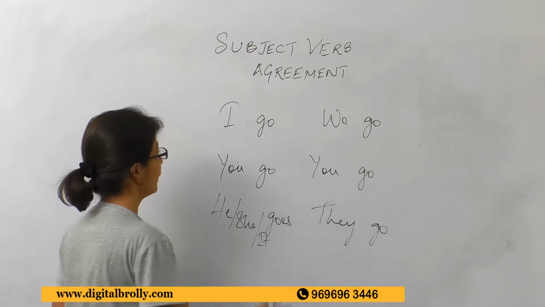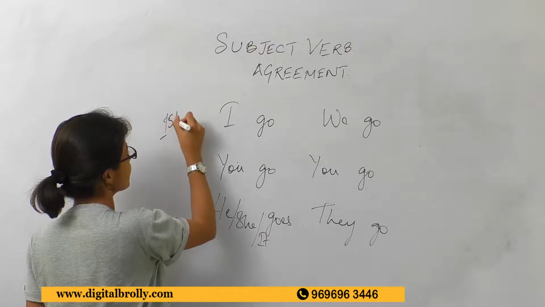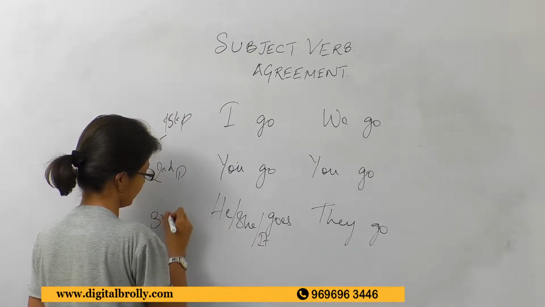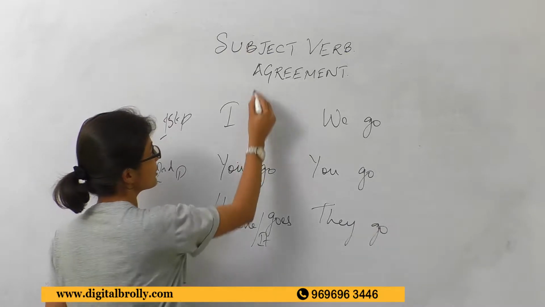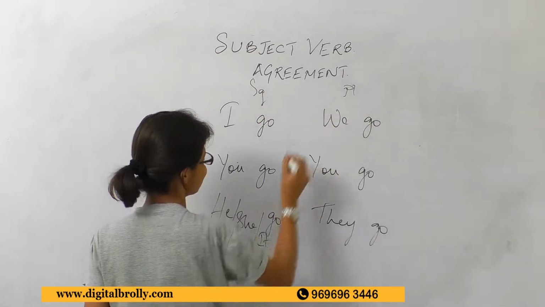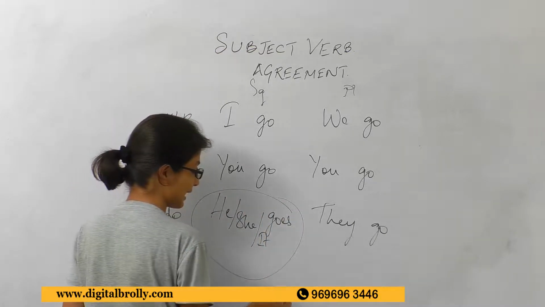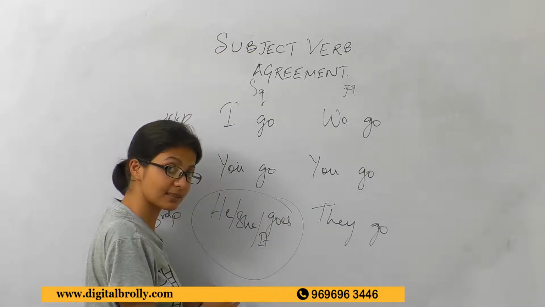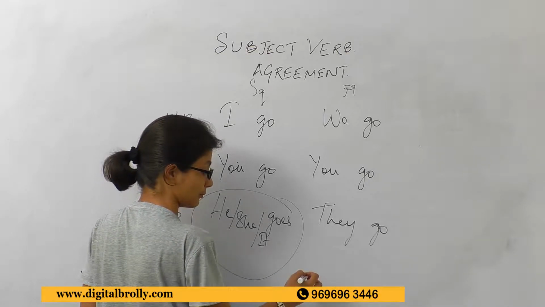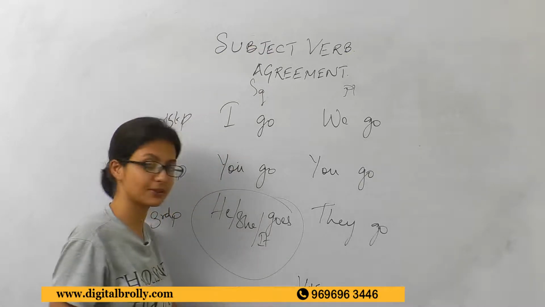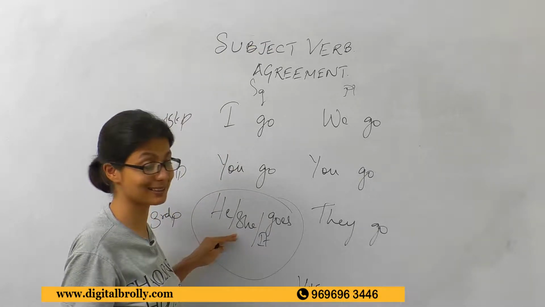So basically, if you remember this chart that we discussed the previous day, your third person singular pronoun, when followed by the verb, will always attach an S after it to agree with this subject.